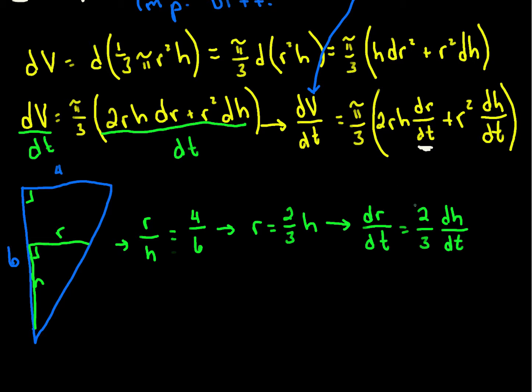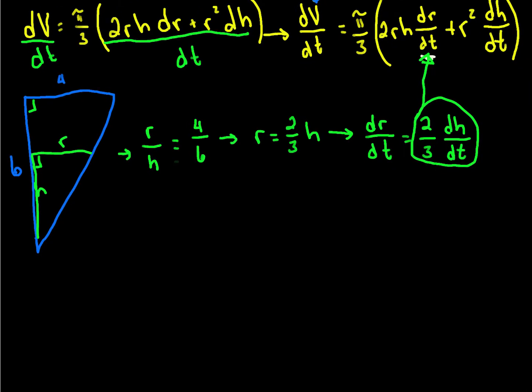And I can take this now and put it in for dr/dt. So that was a little bit of a side project to get a relationship. We know dV/dt is 1/2, so I'm going to go ahead and write that.